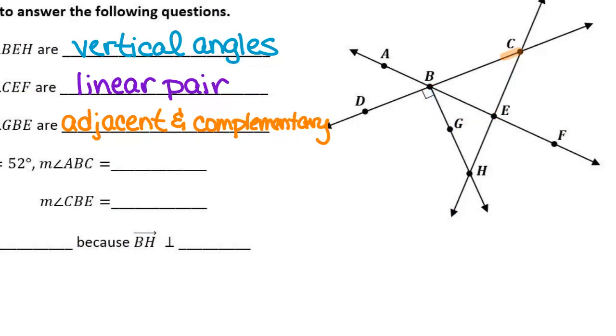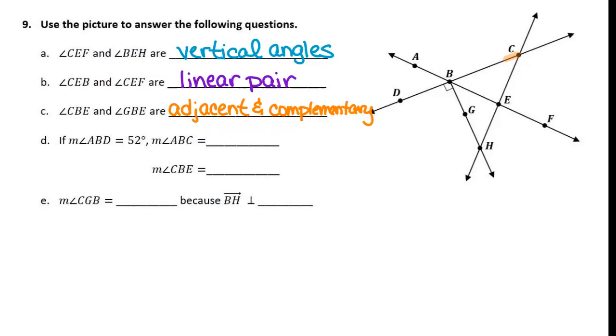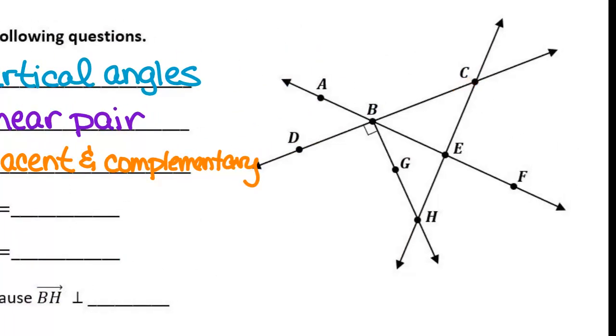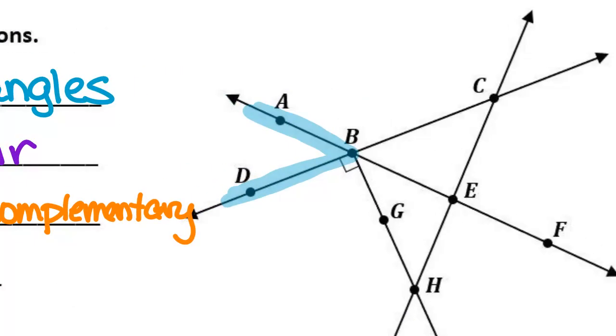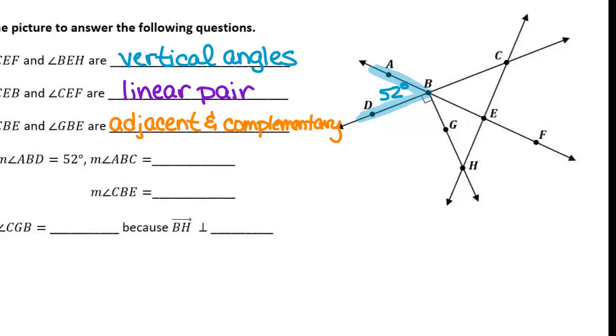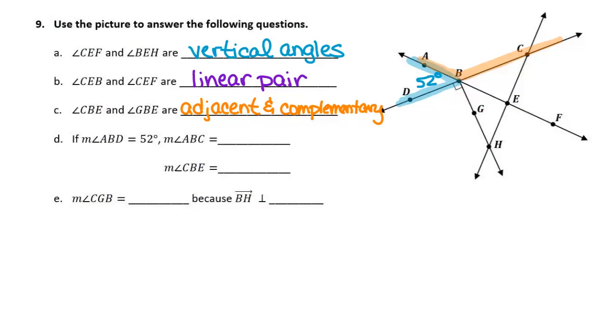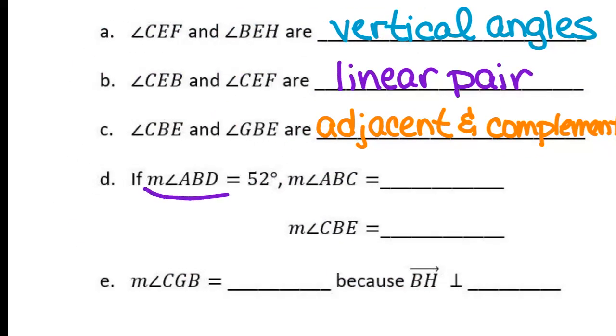All right. Next question. Angle ABD is 52 degrees. Well, ABD is this one right here. We're saying that that's 52 degrees. We want to know how big angle ABC is. What kind of angles are those? Yes, that's a linear pair. And linear pair angles add to what?